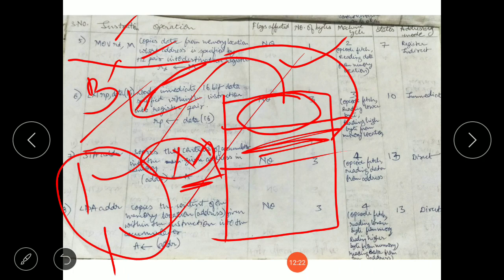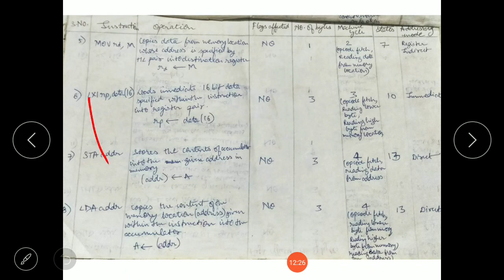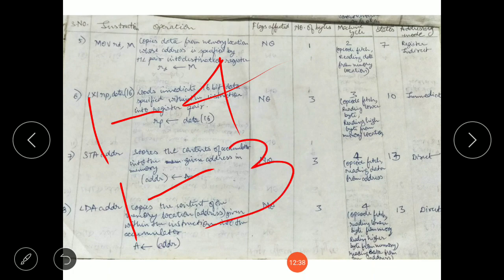T states, how many T states? You can see, it needs two machine cycles, opcode fetch and memory read. The opcode fetch machine cycle has 4 T states and the memory read machine cycle has 3 T states. So all total how many T states? 4 plus 3, 7 T states. So it will require only 7 T states.